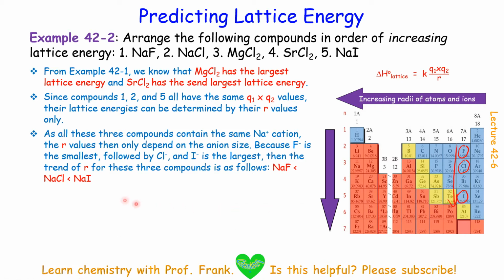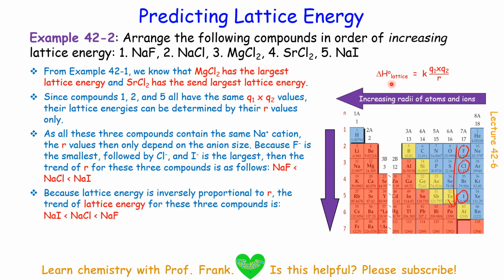That means sodium iodide has the largest R value, sodium chloride has the second largest R value, and sodium fluoride has the smallest R value among compounds 1, 2, and 5.